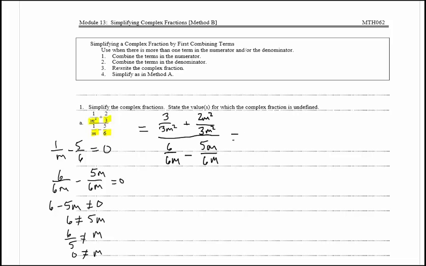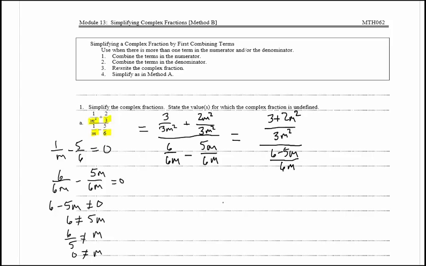And now I'm going to rewrite these as one fraction in the numerator and in the denominator. So I have 3 plus 2m squared divided by 3m squared, all divided by 6 minus 5m divided by 6m.